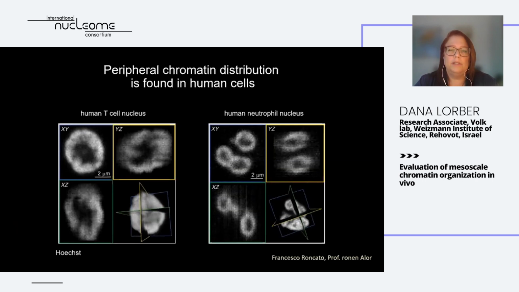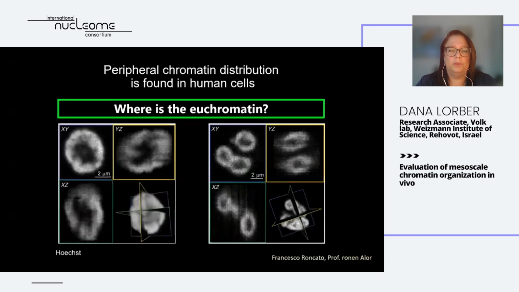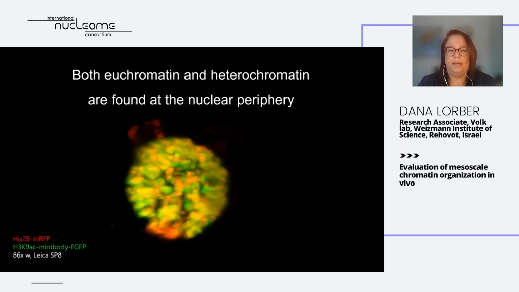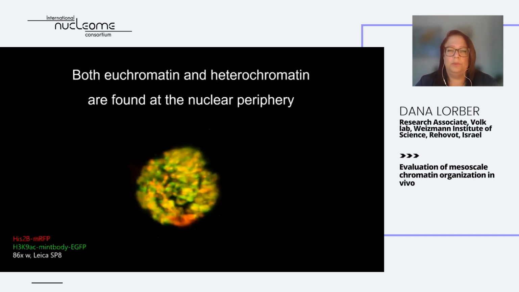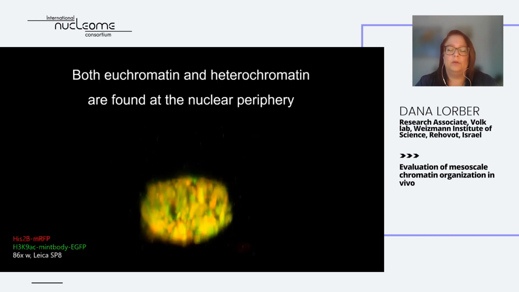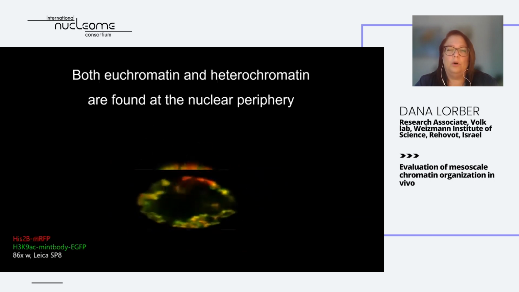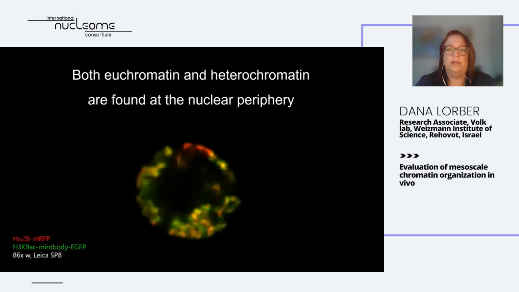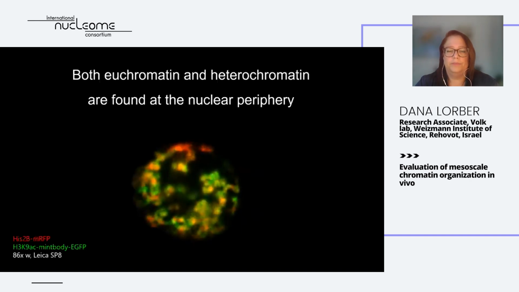The peripheral organization found in the human cells suggests that this organization is not unique to Drosophila, but rather evolutionarily conserved and may represent a general phenomenon. So where can we find active chromatin? Using MINT-body GFP to detect the active segments of the chromatin, we found it to overlap with the chromatin found at the periphery of the nucleus.